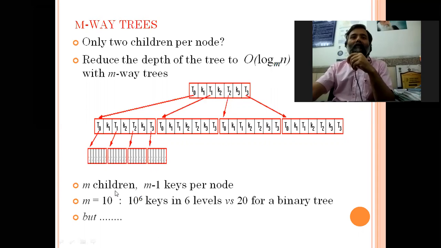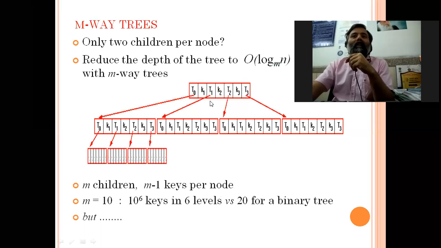So M children and M minus 1 keys per node. This is the basic idea of M-way search tree: if we have order M, then maximum M children and M minus 1 key values per node.